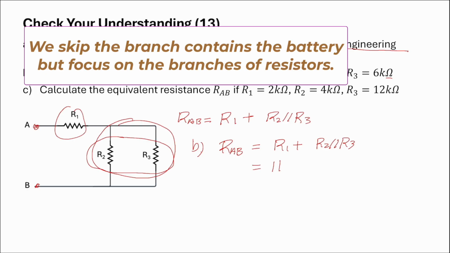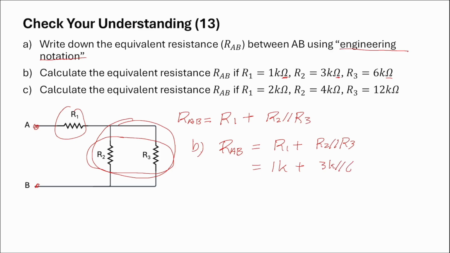So this is 1K plus, because they're in parallel, 3K parallel 6K. If you plug this into the formula with your calculator, you will find this equals 2K, and therefore RAB equals 3K ohm.